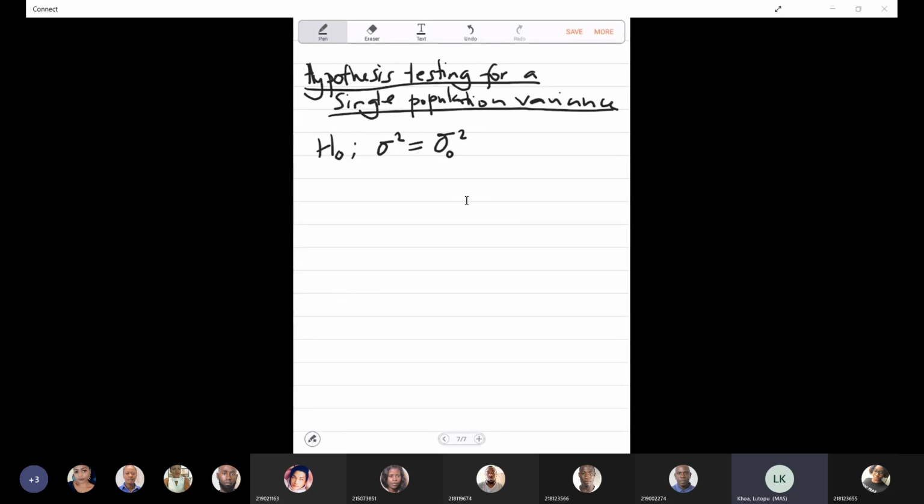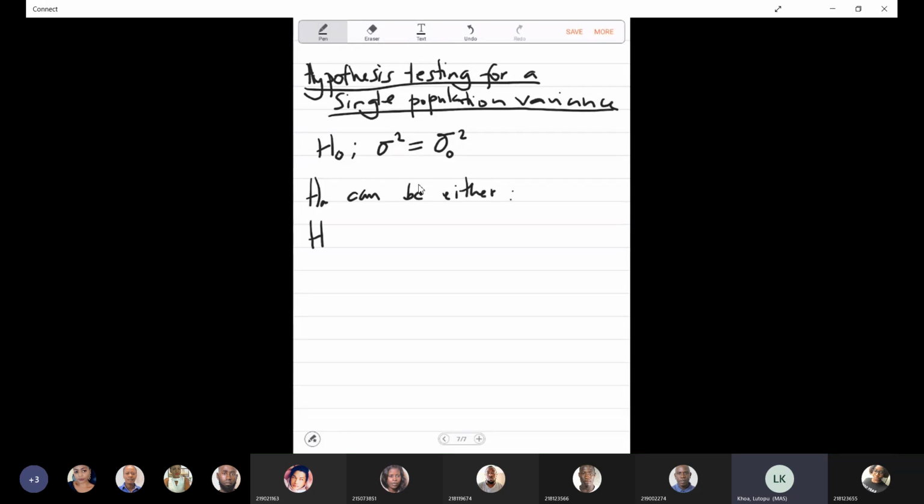This can also be standard deviation, but you will always have an equal to over here. So unlike with the mean and the proportion, where your null hypothesis could be less than or greater than, with us, we will only stick to this one where it is equal to. But our alternative hypothesis can be one-tailed or it can be two-tailed.